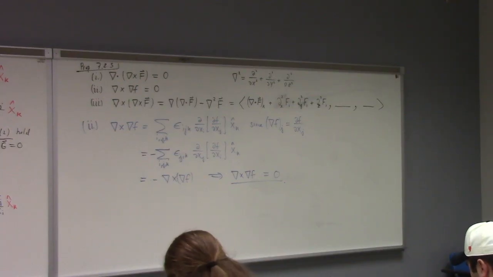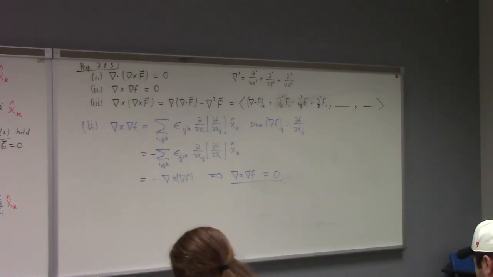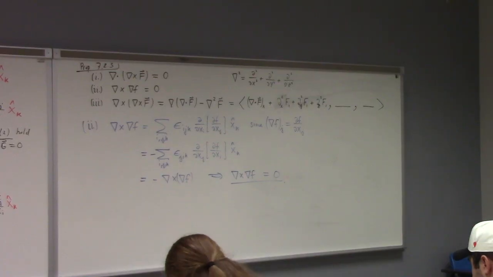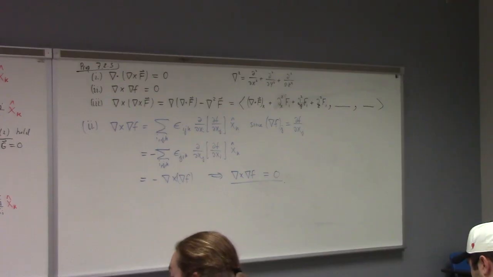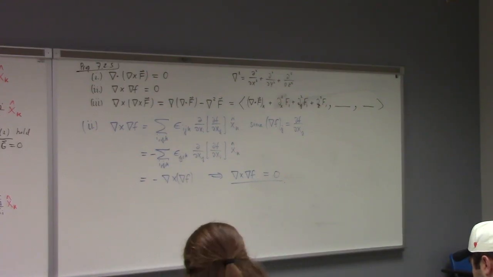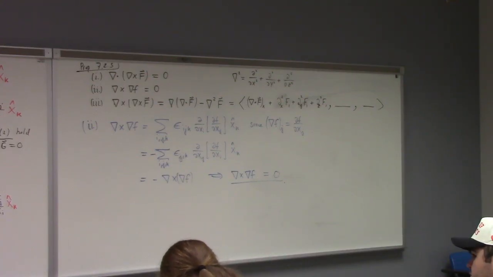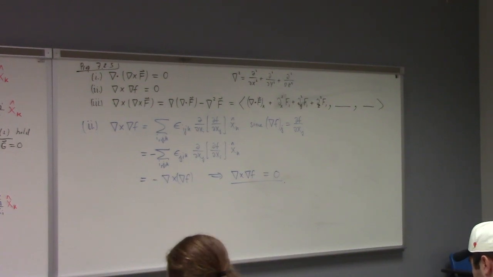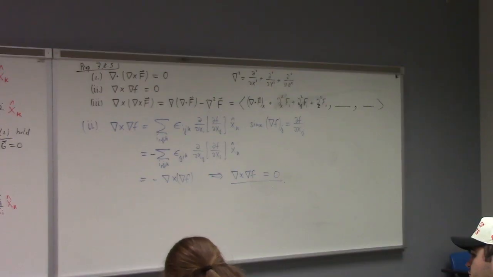So listen, here's the deal. If F is equal to nabla f, right? Then what's the curl of F? It's the curl of the gradient of little f, right? Which has to be 0. But does the curl of this F equal 0?